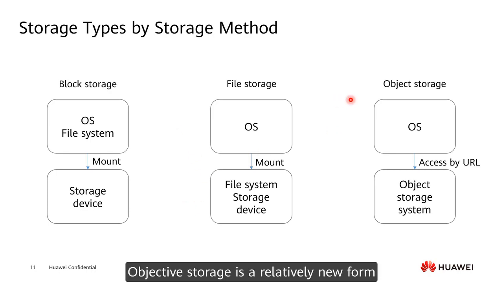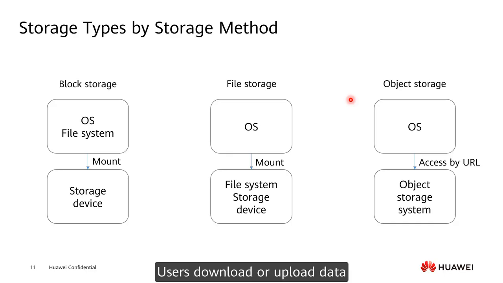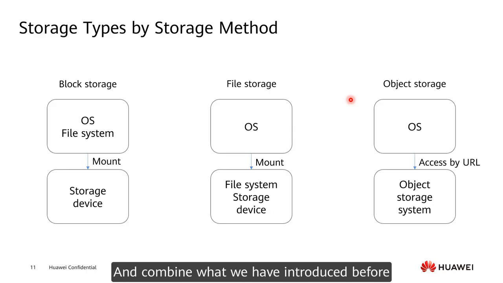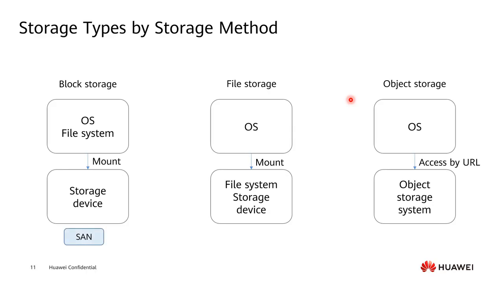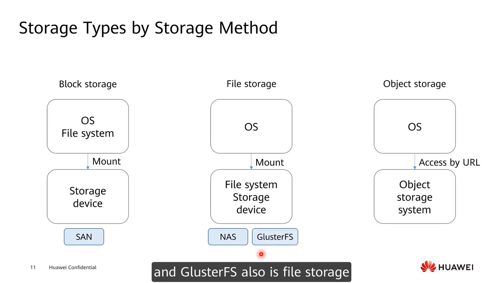Object storage is a relatively new form that divides data into objects for storage. Users download or upload data through URLs. Users cannot directly modify data in the object store. Combining what we have introduced before, SAN is block storage, NAS is file storage, and the Gluster file system is also file storage.